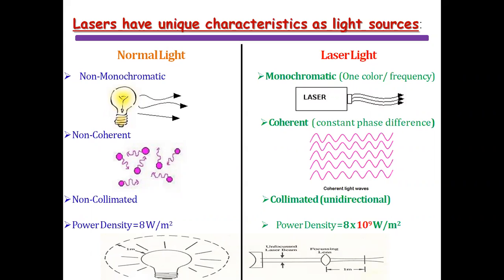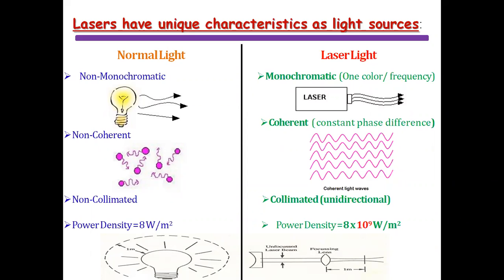The second important thing is that laser is coherent. Coherent means all the rays coming out of the laser are in the same phase. You can see these curly things over here. These are the rays emitted by the laser source. All these rays are in the same phase. A constant phase is maintained between them, and therefore wavelength and frequency will be the same.